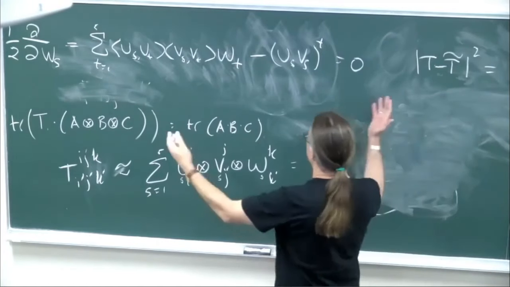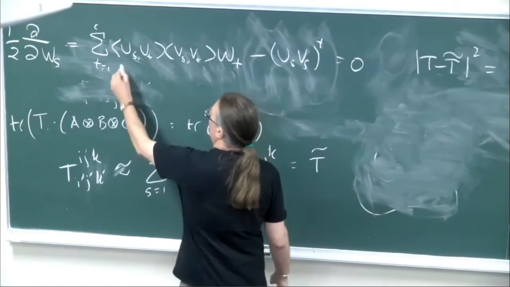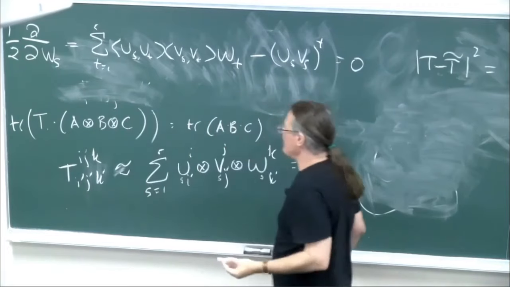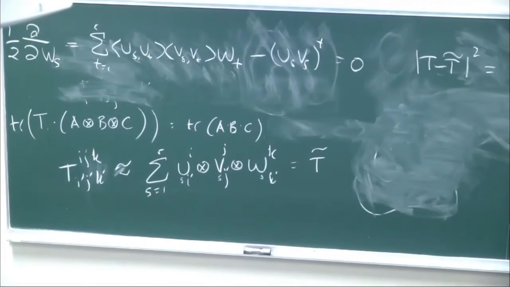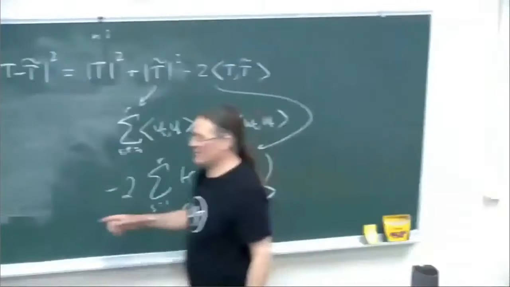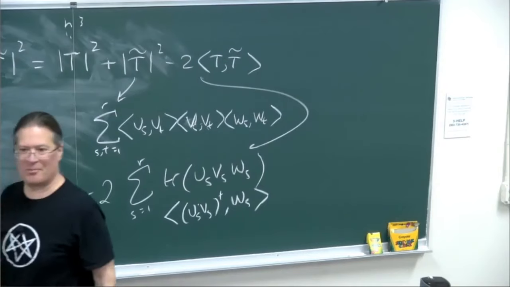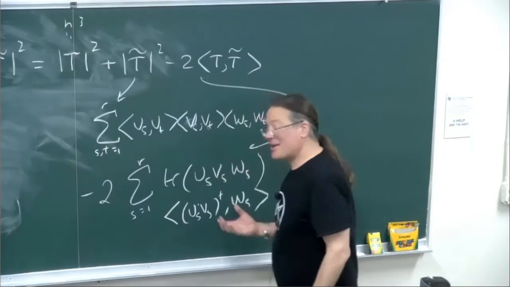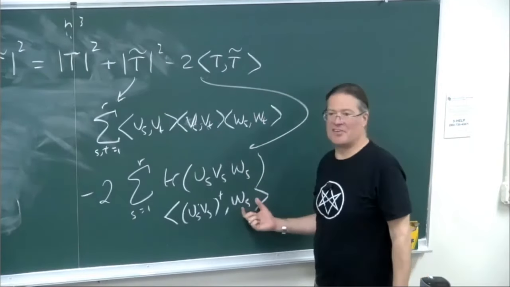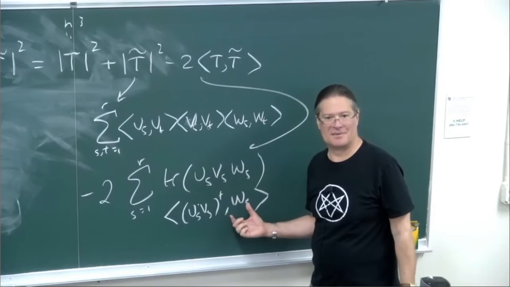Well, now I have a bunch of equations. And by the way, what am I doing? This whole function is a bit nasty as a polynomial in the entries of these matrices. It's a 6th order polynomial. But luckily, if I focus on any one of these matrices, it's only quadratic.